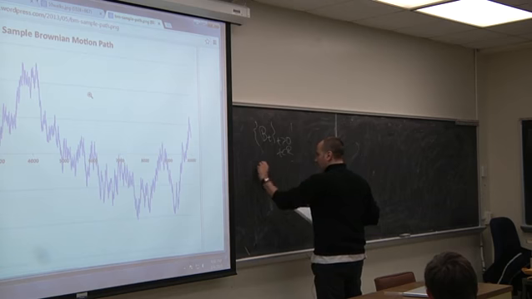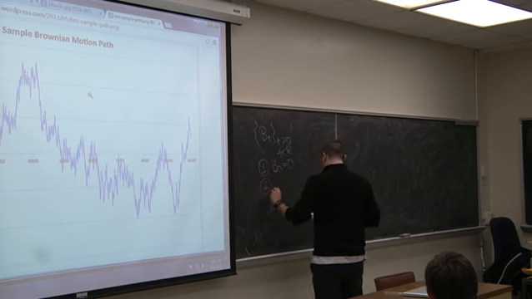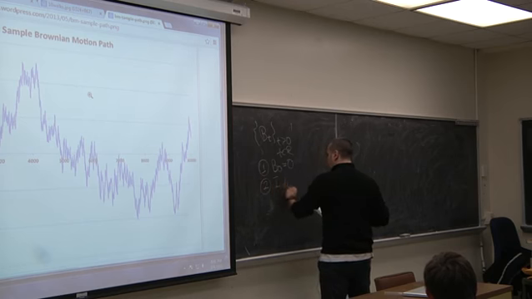So, 1, B0 equals 0. 2, I have independent increments.